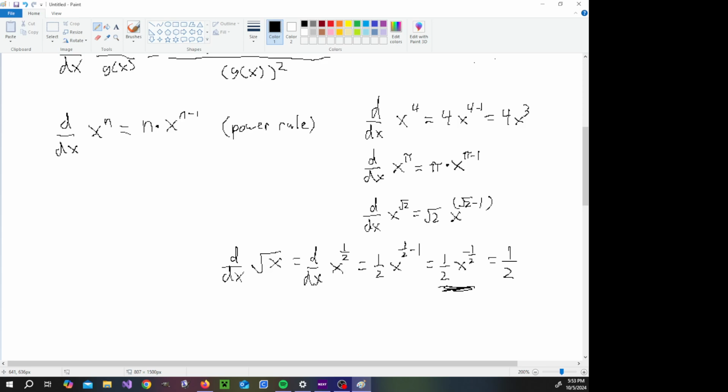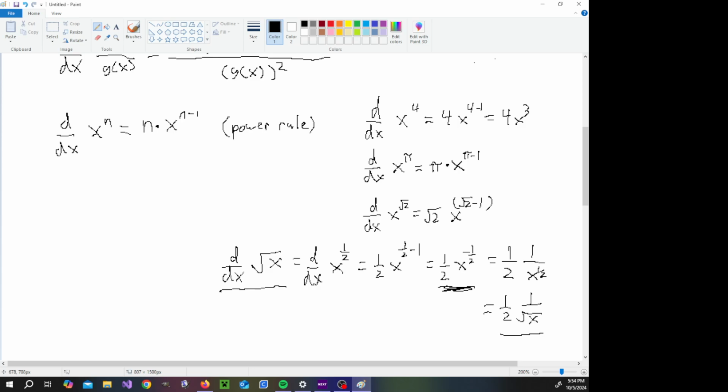So having a negative exponent means we go upside down, right? We take the reciprocal. So this is 1 over x to the 1/2. But again, the 1/2 power is the square root. So, funnily enough, the derivative of the square root of x is 1/2 times 1 over the square root of x, which is really interesting, right?